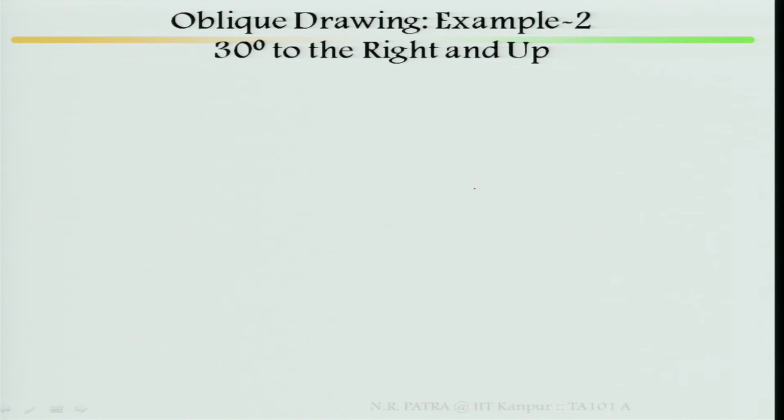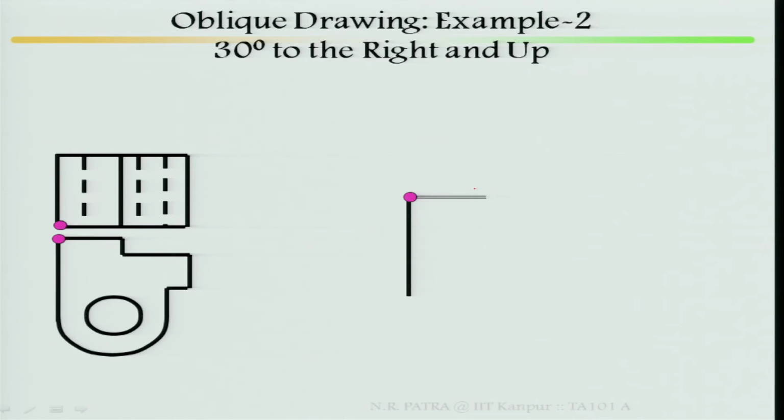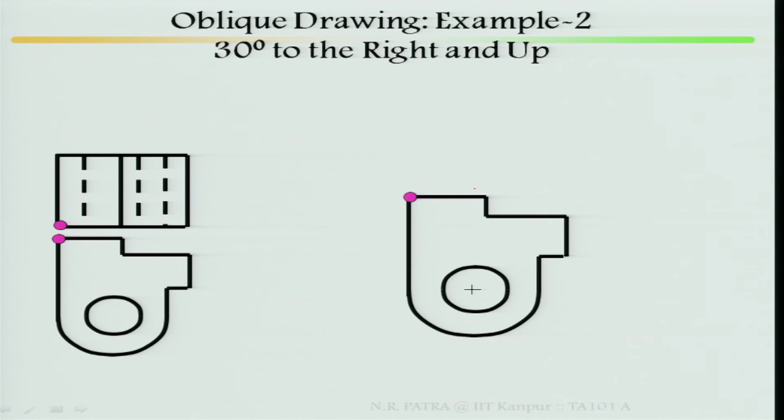Oblique drawing example 2, 30 degree to the right and up. I am going slightly faster. See, this is your front view, this is your top view. The front view in an oblique drawing is your true shape.